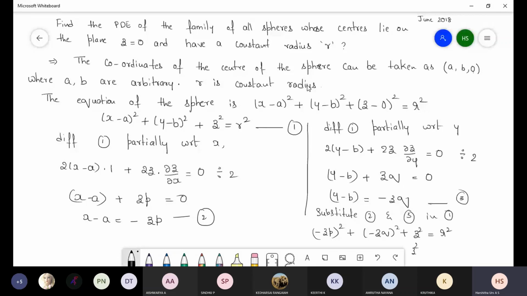In all the three terms, we can see z square as a common factor. So I take out the remaining terms. If I take z square from the first term, the remaining will be p square. In the second one, the remaining will be q square. In the last one, 1. So z square (p square plus q square plus 1) is equal to r square, which is the required partial differential equation.